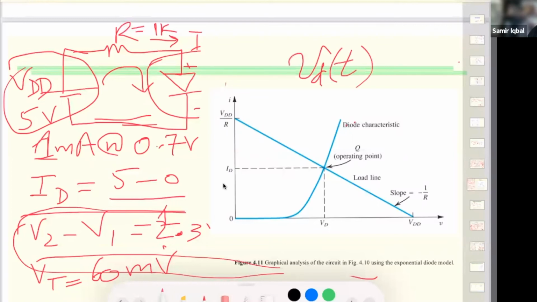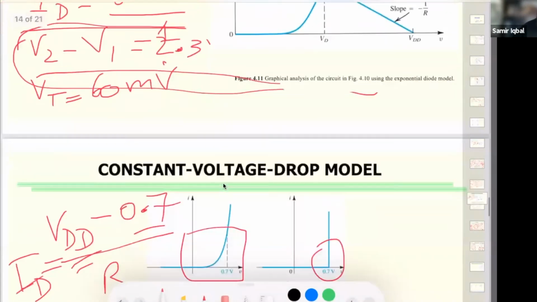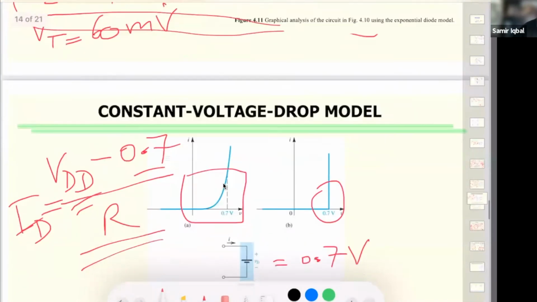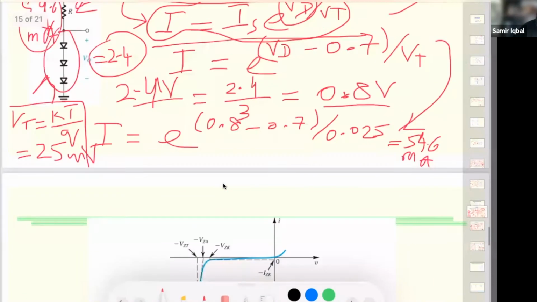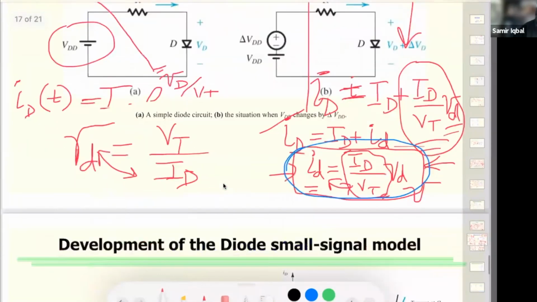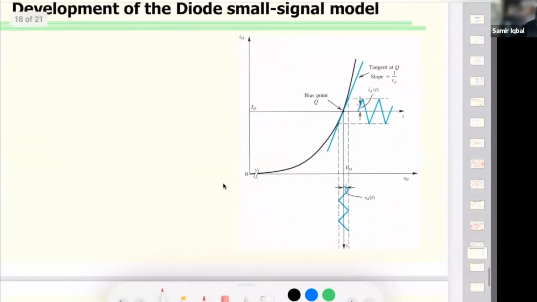So now, if you remember this, we have the figure. Yeah, this guy, I was looking for this guy.